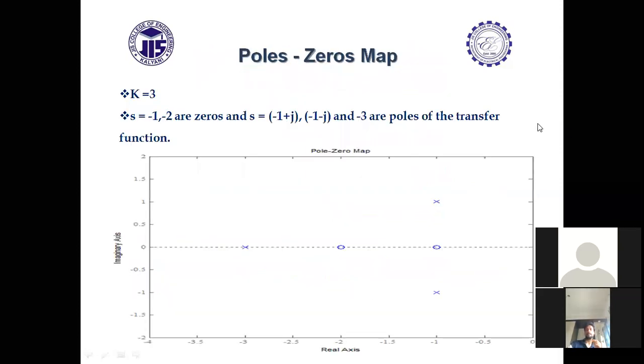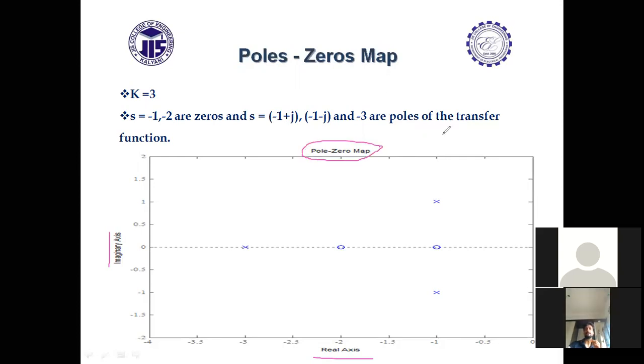This tells us about the pole zero map. If you look at this pole zero map, first let us see the axes. X axis is the real axis, y axis is the imaginary axis. What we are going to do? We are going to map pole zero values.